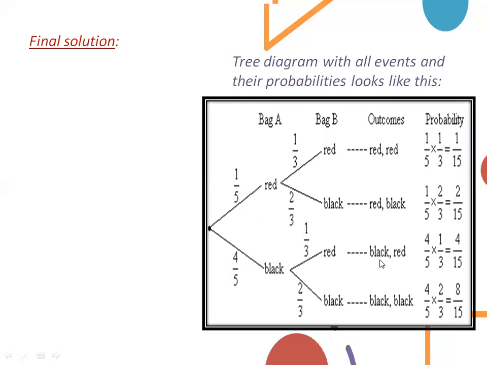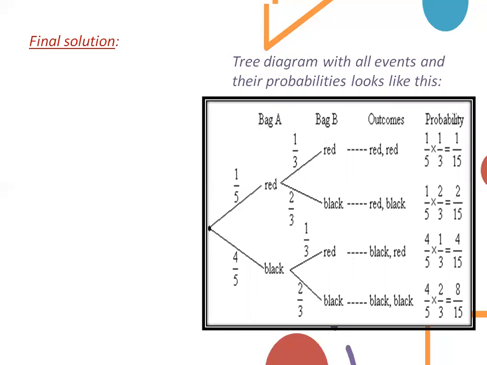And similarly, I have calculated the values of getting a black and red here and black here. So our tree diagram is complete with those experiments, their outcomes, and those probability values. You can also add all these probability values and see what comes in the result.